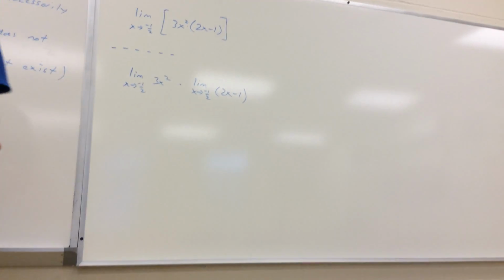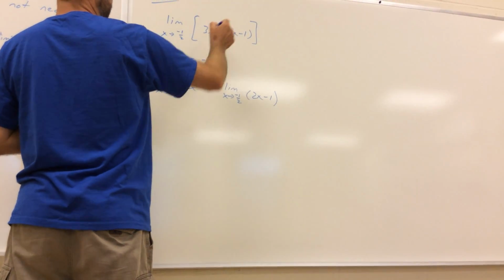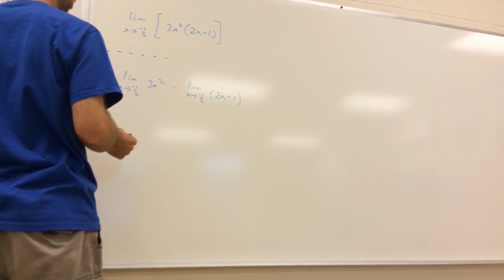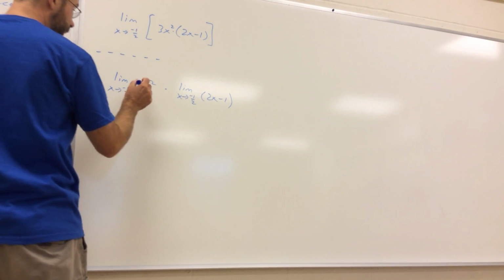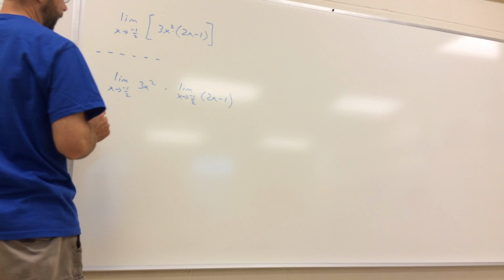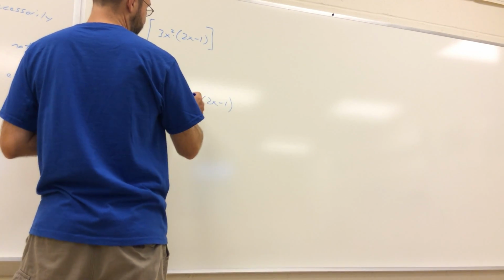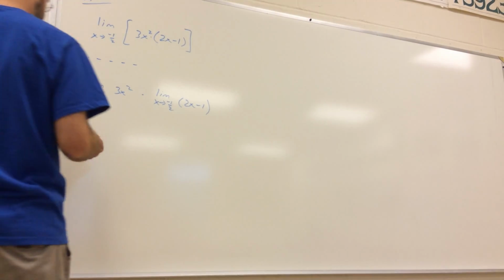So I'm using limit law 2 over here. I'm distributing the limit past this multiplication sign. Okay, then there's another multiplication sign here, so I'm going to distribute the limit past that multiplication sign. And there's a subtraction sign here, so I'm going to distribute the limit past that subtraction sign.